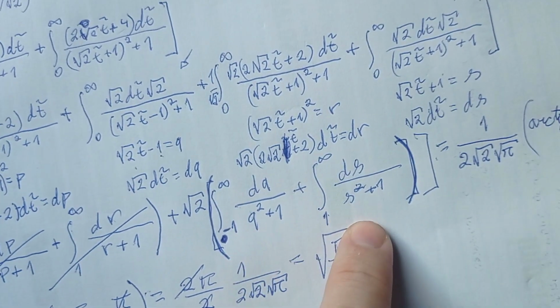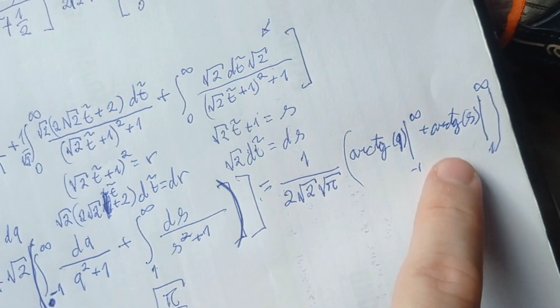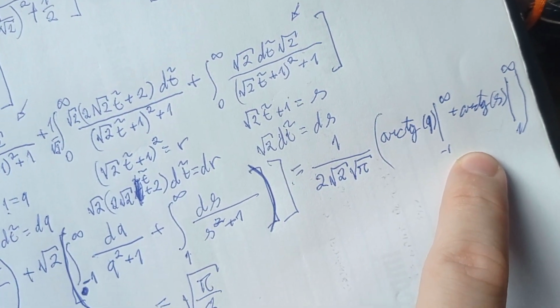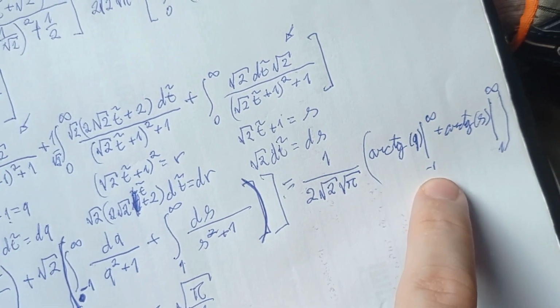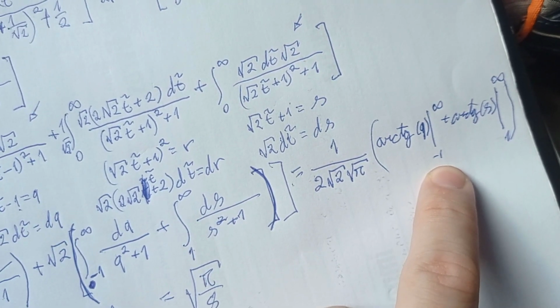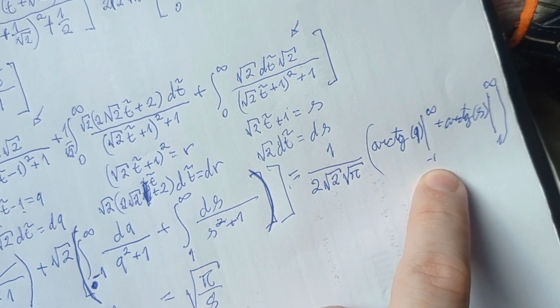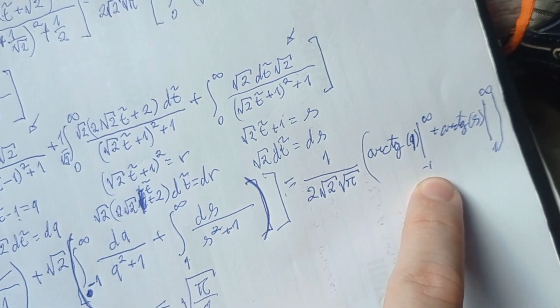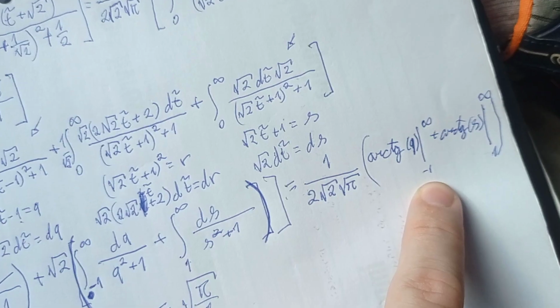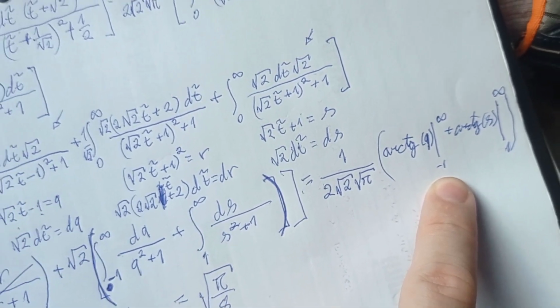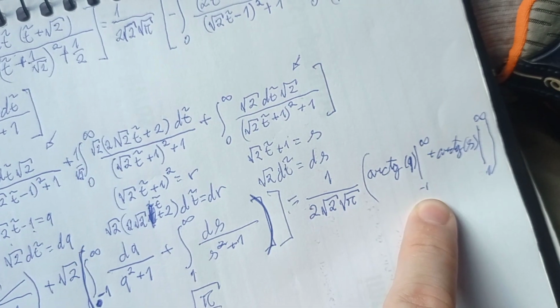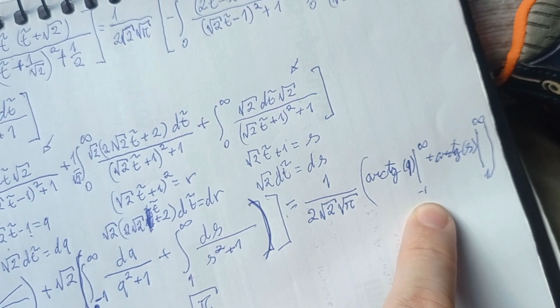And then we have to take these two arctangents and calculate them from -1 to infinity and from 1 to infinity. So the arctangent, the angle whose tangent is -1, is minus pi divided by 4.